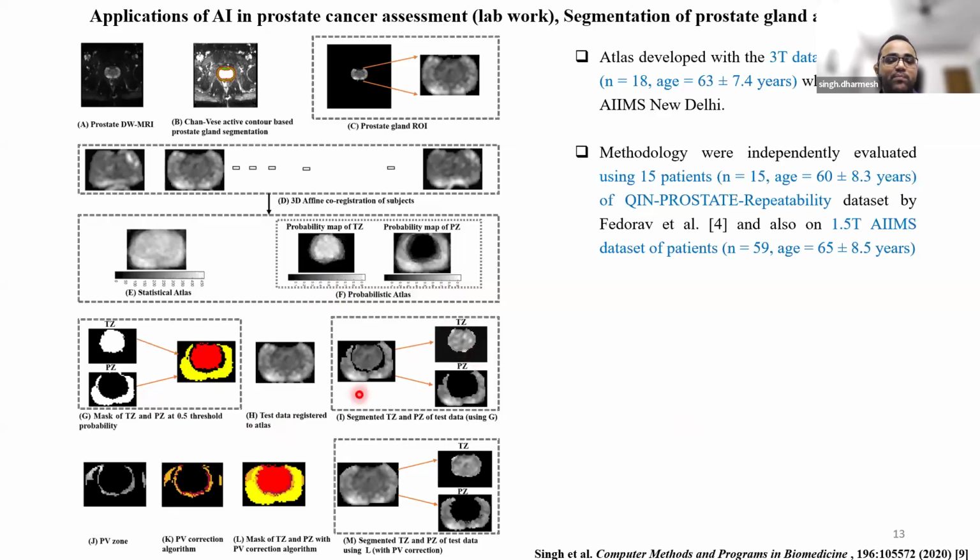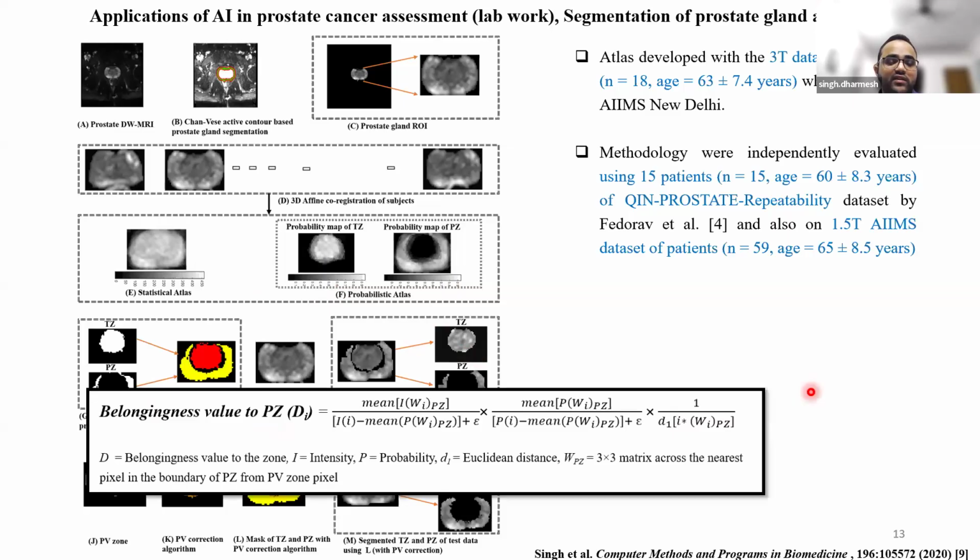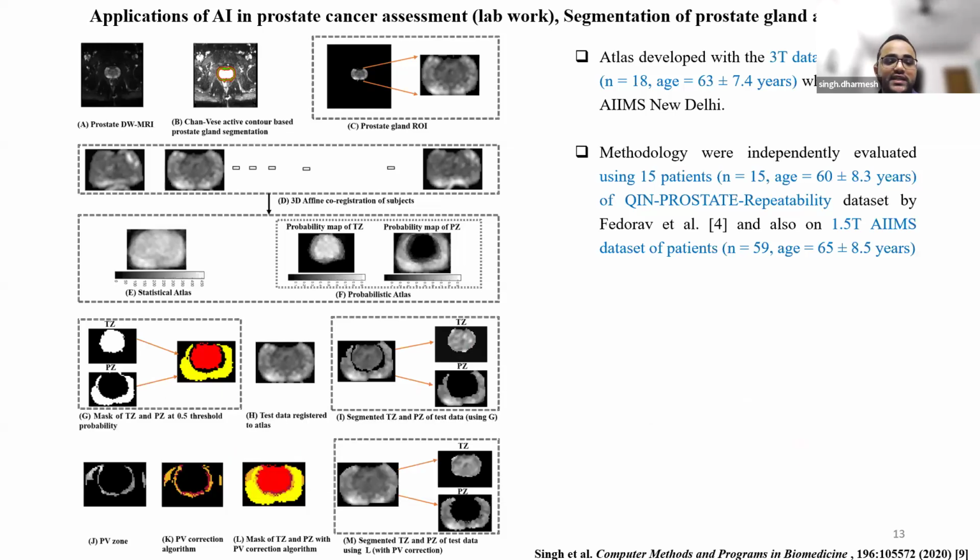But you can see there is some part missing. So we have developed a method called partial volume correction based on intensity, probability, and distance, with which we can easily estimate the pixels between the transition zone and the peripheral zone.